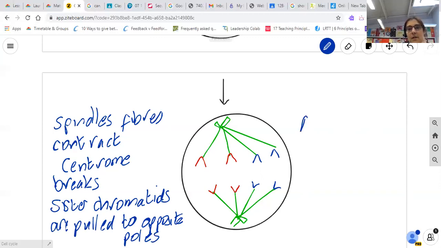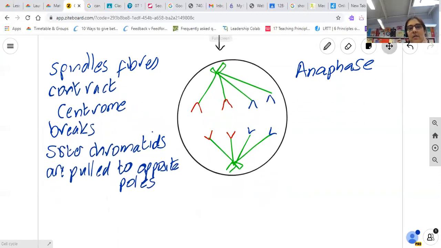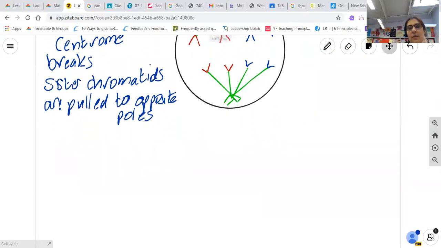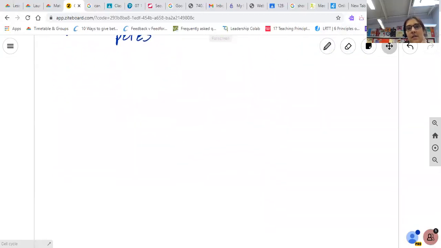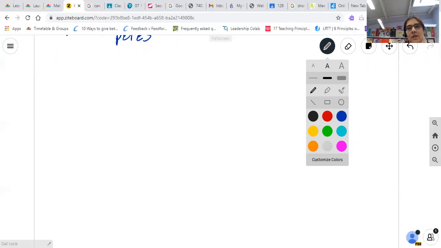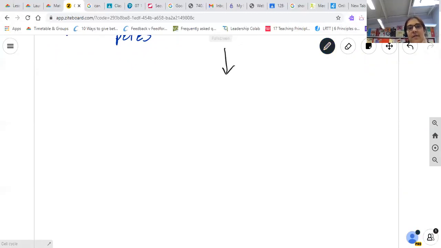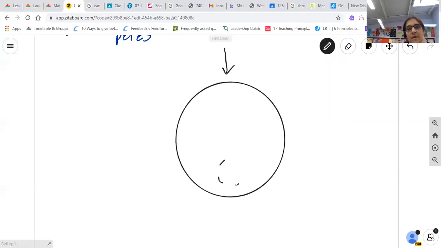And that is basically what you'll see in anaphase, and you'll see it quite clearly in a drawing or in a light microscope. That leaves us with telophase, which is the last phase. Okay, in telophase, we've got our cell, but this time we have our nuclear membranes reforming, 2 of them.